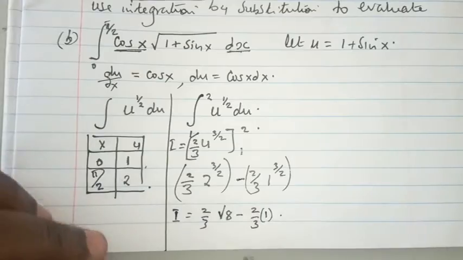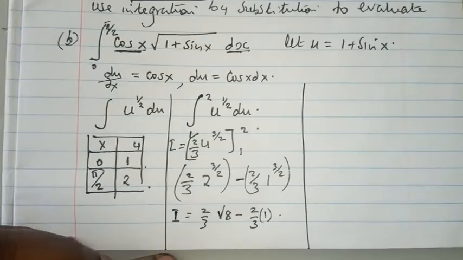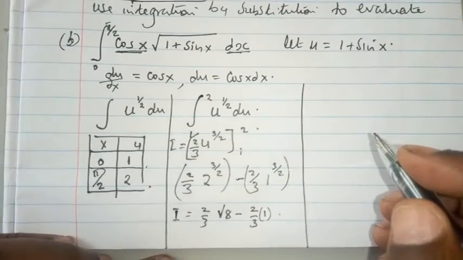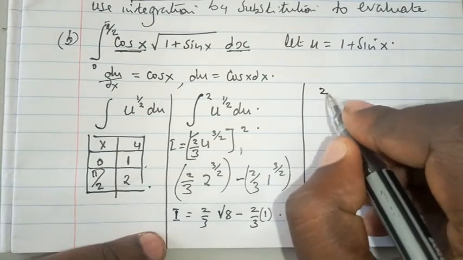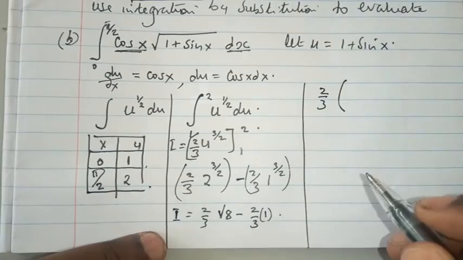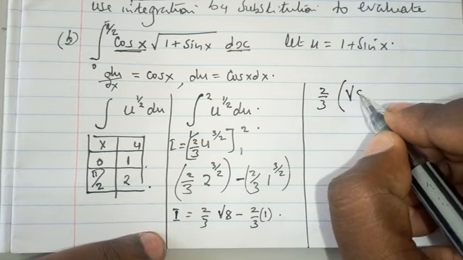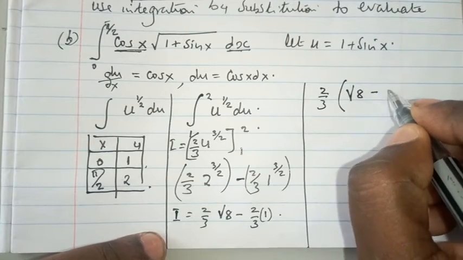We can see that 2 over 3 is common, so we take it outside the bracket: root 8 minus 1.